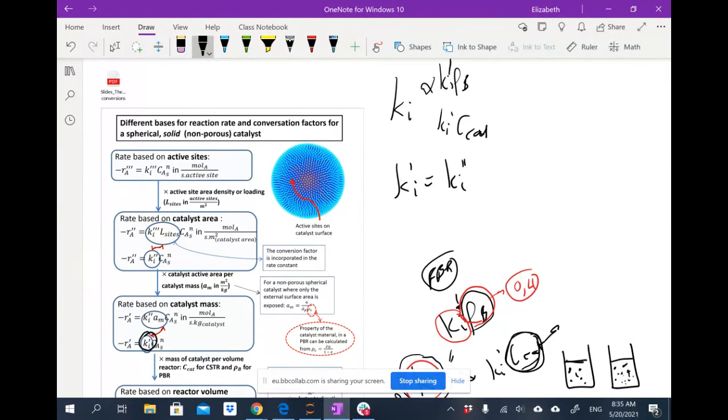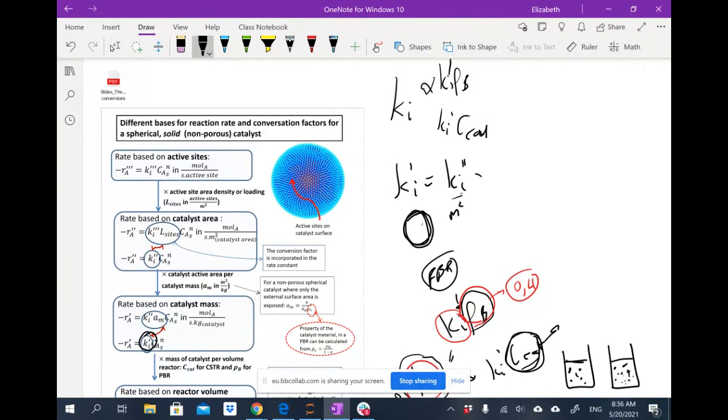What we need to remember when we talk about solid catalysts is that the area that's available for catalysis is a very important variable for any kind of catalyst particle. So this gives me the rate per active area of my catalyst particle. This is a per area-based rate constant.